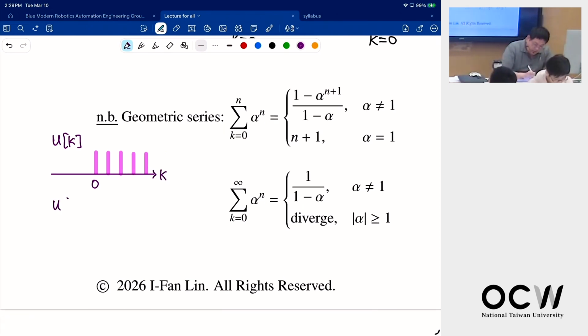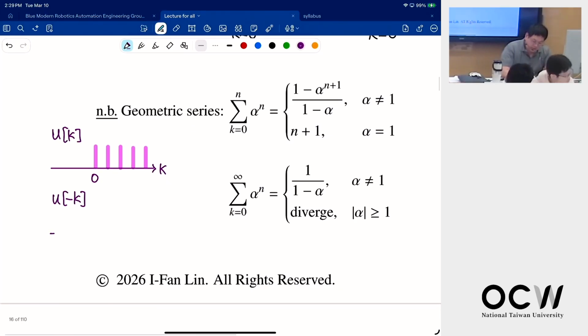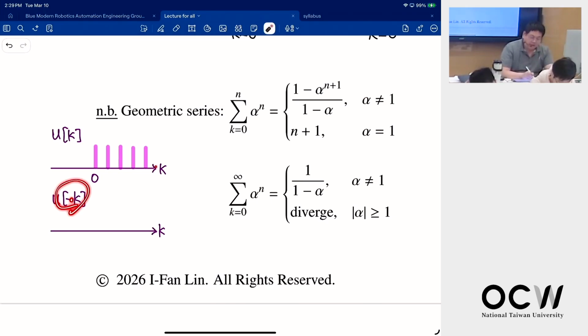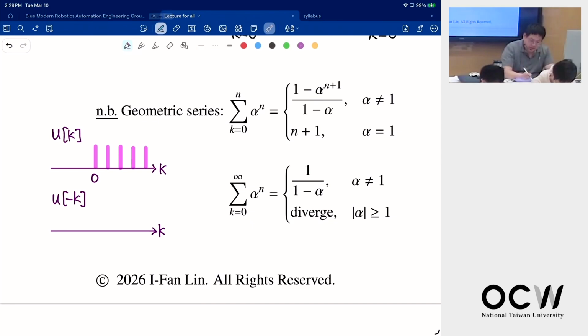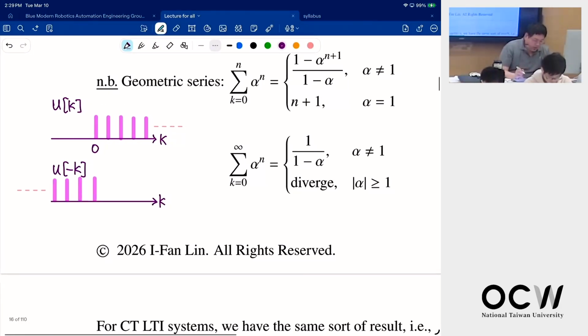And how about u[minus k]? If I have a minus, I flip this axis. So I got this. And then how about u[n minus k]? I shift.